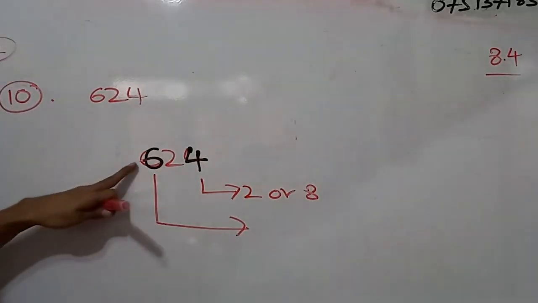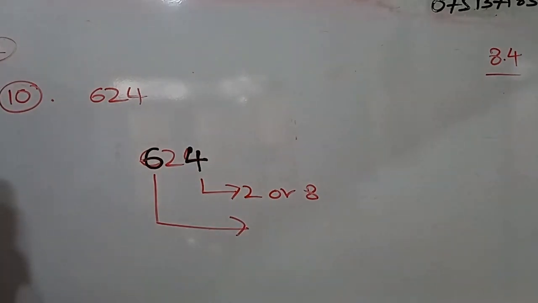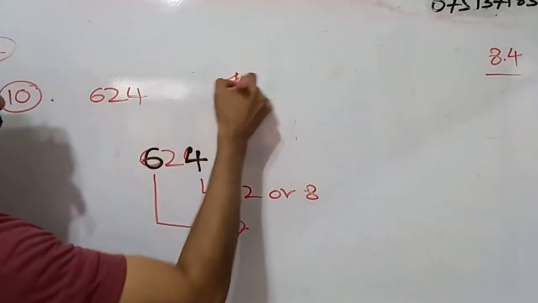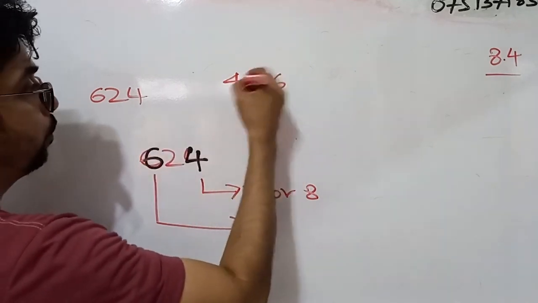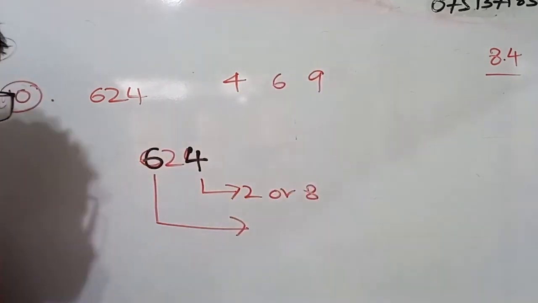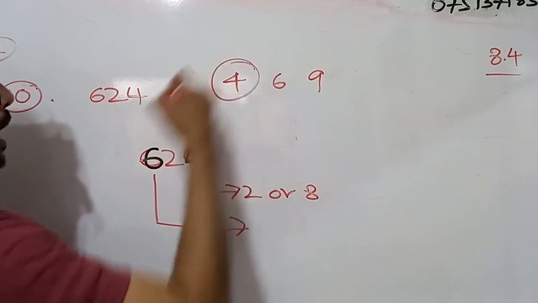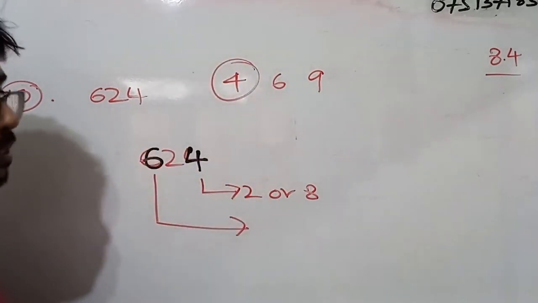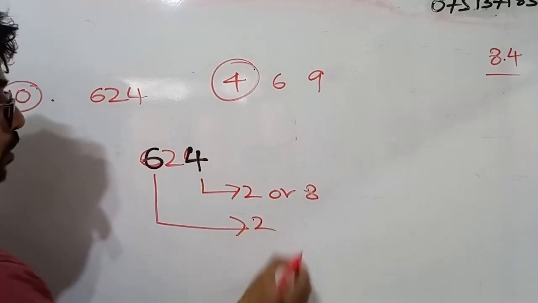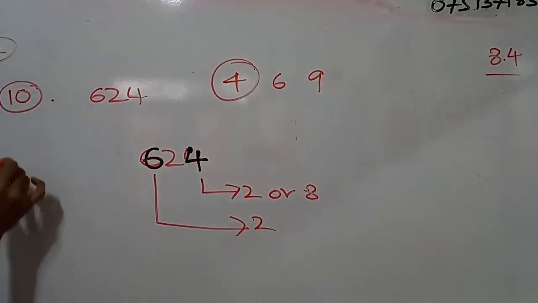So the digit on the hundreds place is 6. So 6, this is not a perfect square, but we know this number is positioned between the perfect squares 4 and 9. So what do we take as the number? 4. We have to write the square root of 4. So that is 2. So what are the numbers?